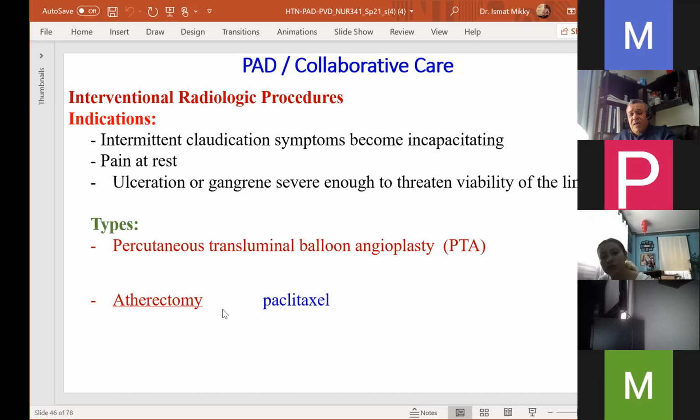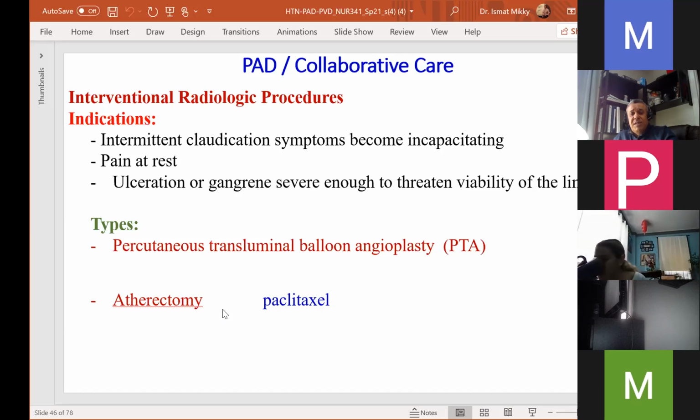So the first treatment would be the catheter-based procedures, which are usually done in the cardiac catheterization lab, not in the OR. Another one is called the PTA. It's very similar to the balloon procedure for patients with coronary artery disease, but for the lower extremities.